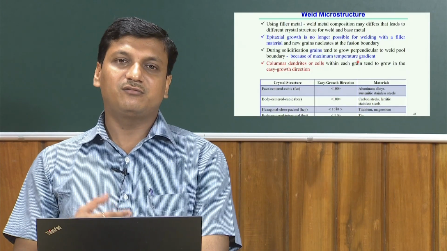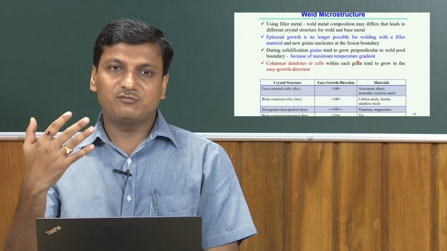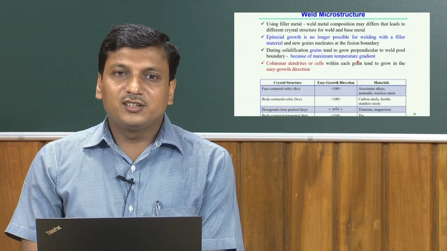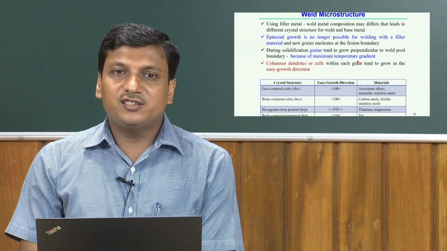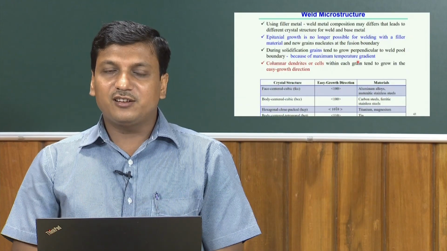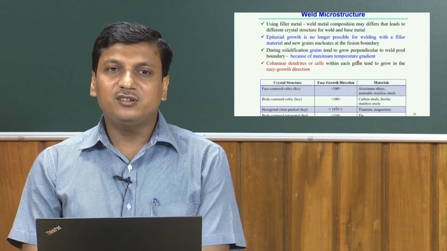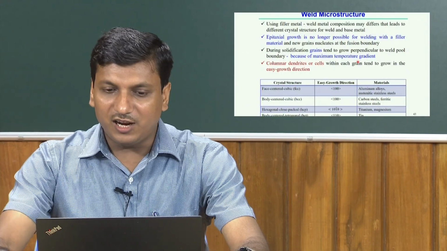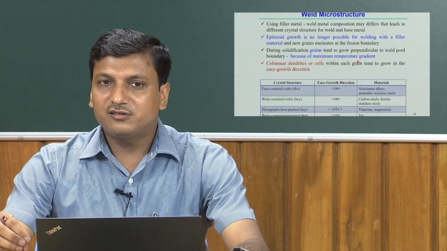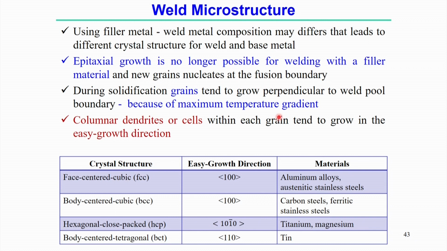So adding filler material does not promote epitaxial growth, and new grains nucleate at the fusion boundary when other alloying elements are added, that is, with the addition of filler material during the welding process.